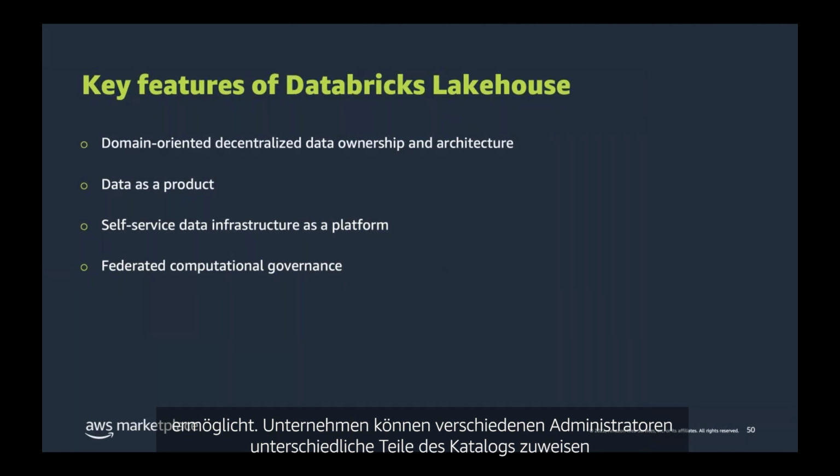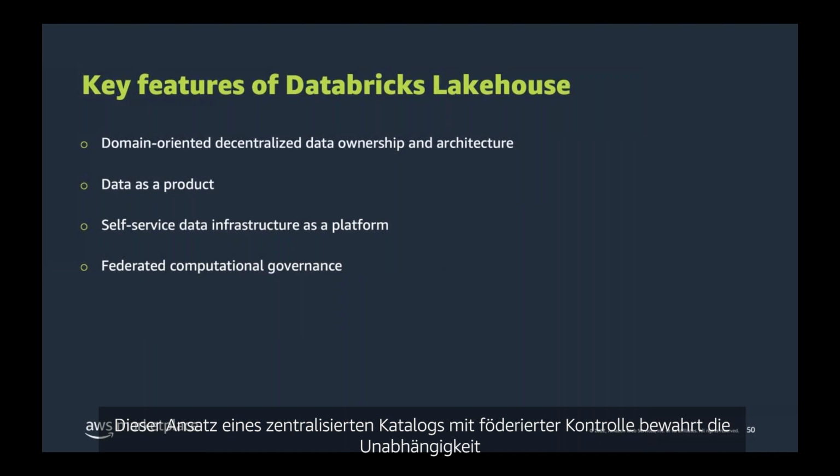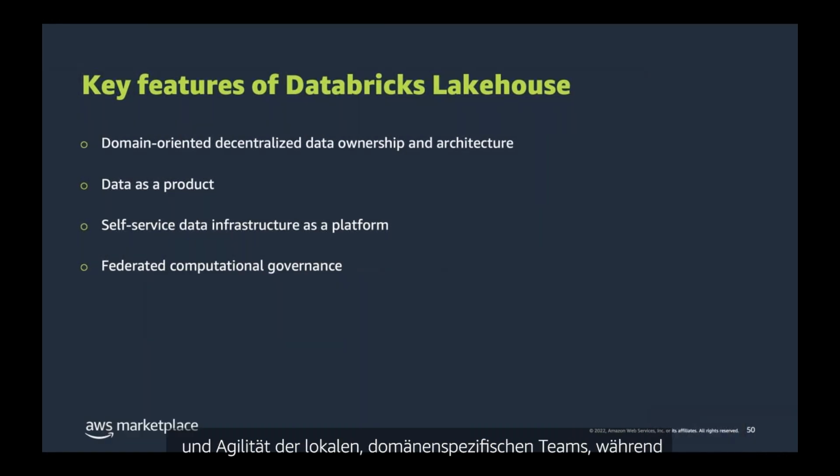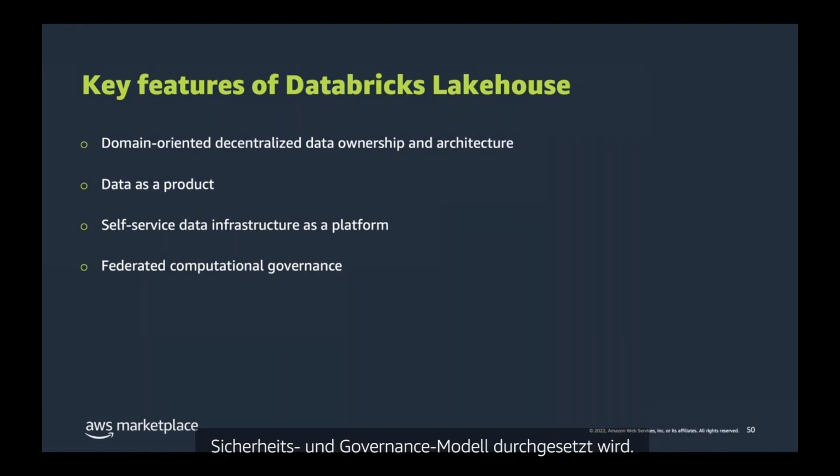Organizations can assign different administrators to different parts of the catalog to decentralize control and management of data assets. This approach of a centralized catalog with federated control preserves the independence and agility of the local domain-specific teams while ensuring data assets reuse across these teams and enforcing a common security and governance model.